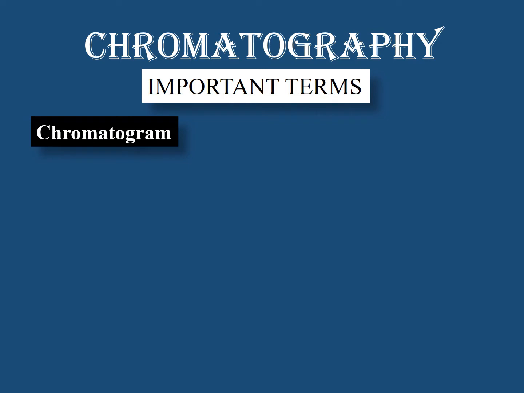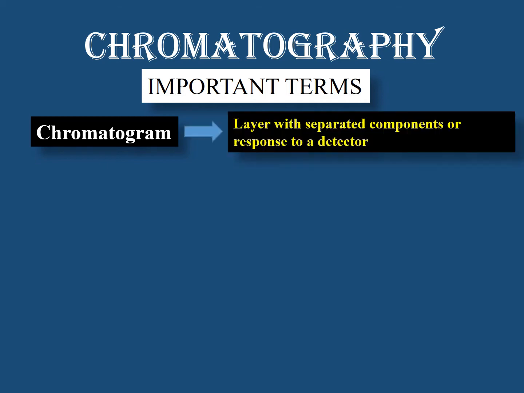Chromatography basically is a separation and purification technique. We need to learn certain important terms before we go into the details of this technique. The first thing that you should know about chromatography is the chromatogram. So, chromatogram is basically a layer with separated components, or it might be a response to a detector.